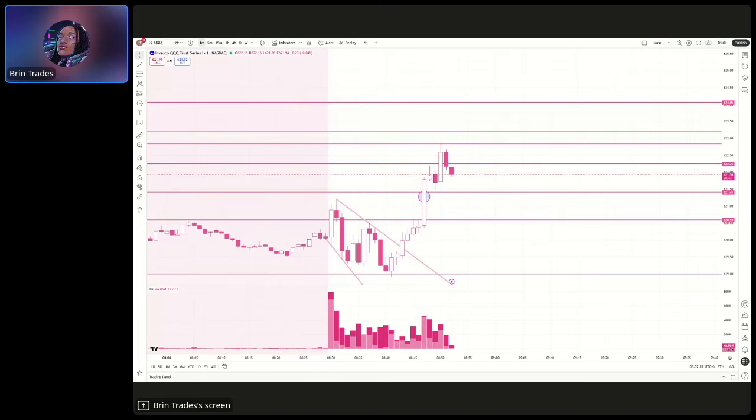Contracts are still up 14%. I probably should have sold 2 cons at this zone. But let's see.